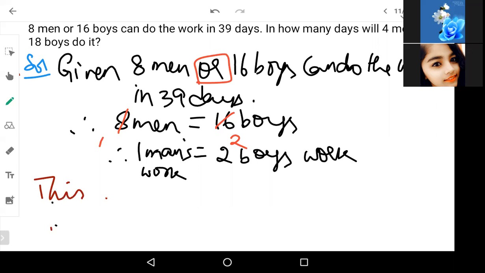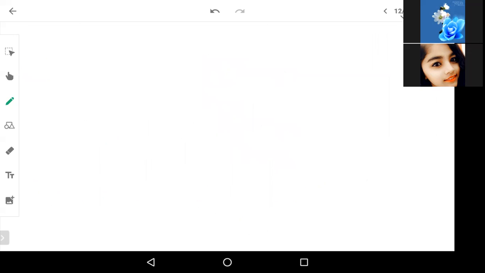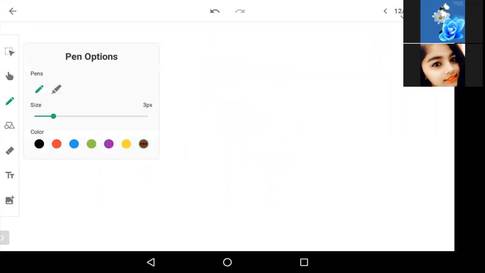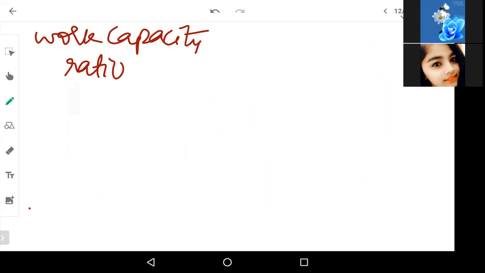Fine. Now, this is a case of inverse proportion. After that, let us define the ratios. Work capacity ratio is equal to, in the first scenario, there were only 8 men.